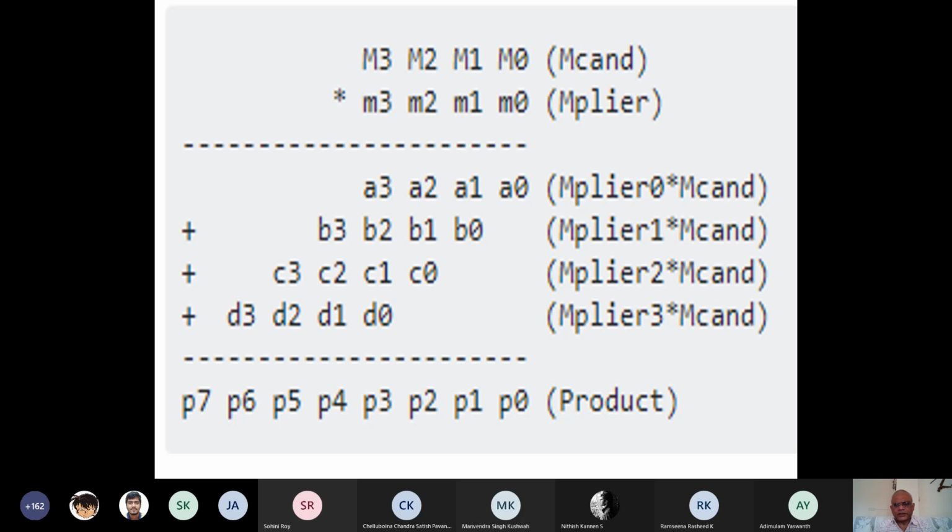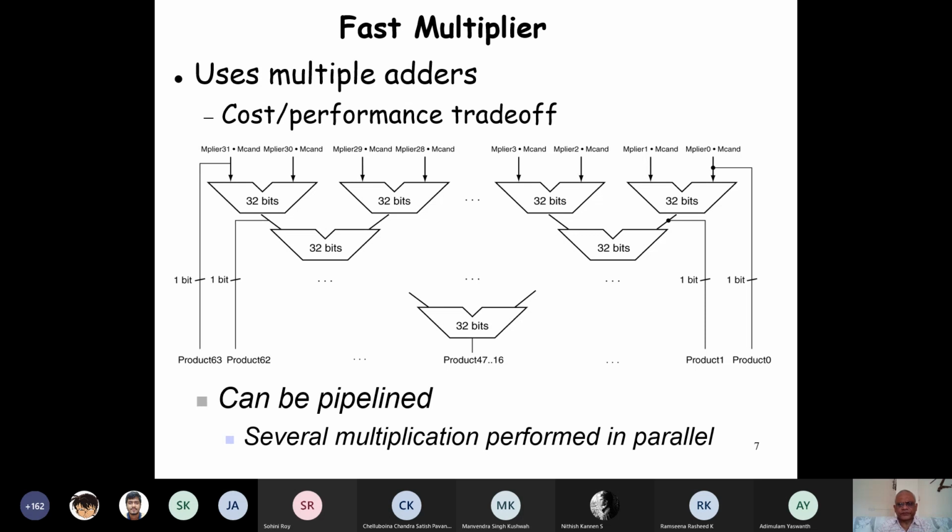Now, if we make that observation, then we have this algorithm for fast addition: A0 is directly here. This is the addition of A1 and B0. This is the addition of A2, B1, C0, which is P2. A3, B2, C1, D0 is P3. And B3, C2, D1 is P4, and so on. So that's exactly what we have done here.